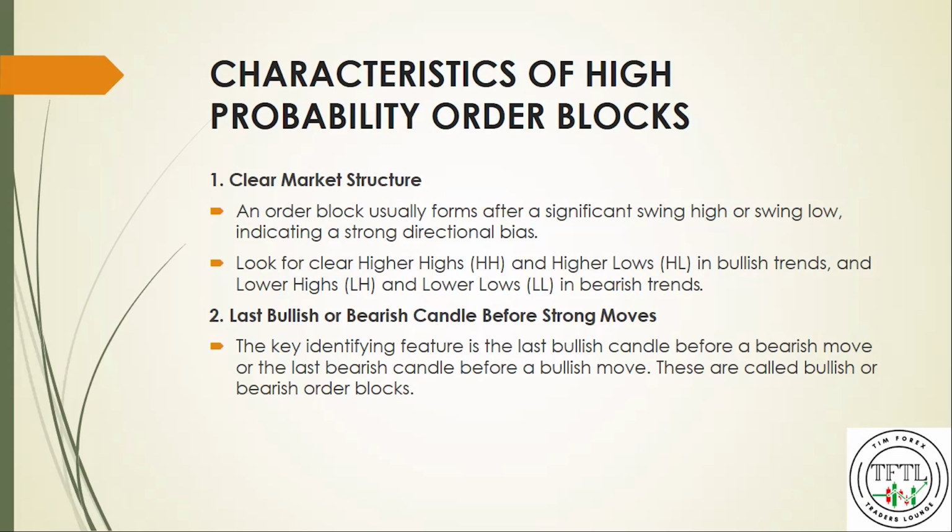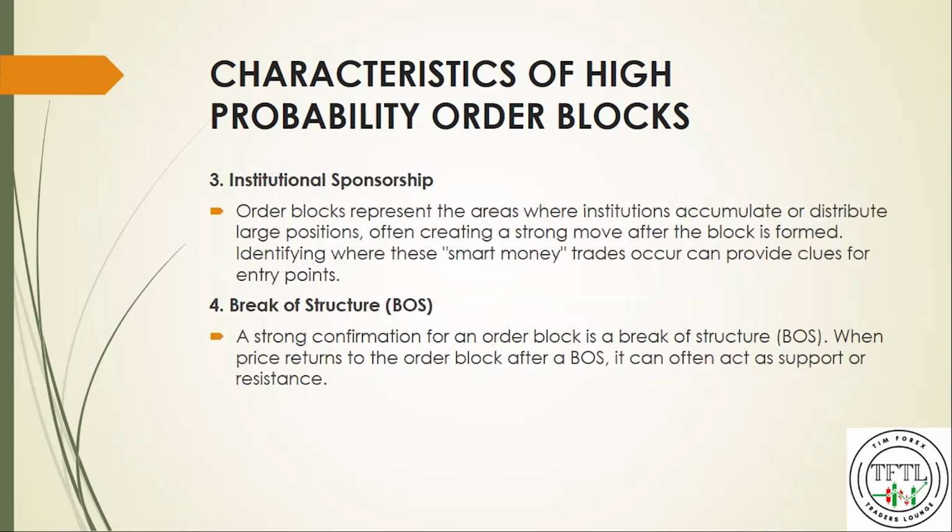So the last bullish candle before a bearish move, that is what you're calling a bearish order block. And the last bearish candle before a bullish move, that is what you're calling a bullish order block.